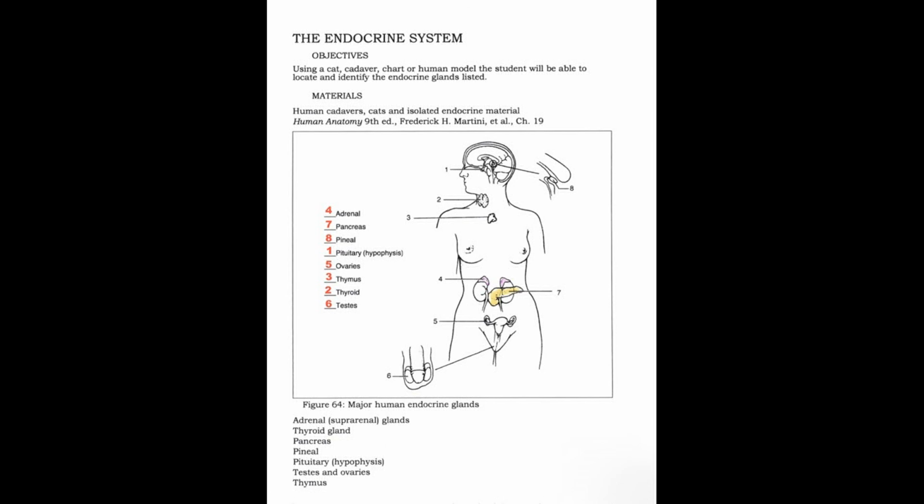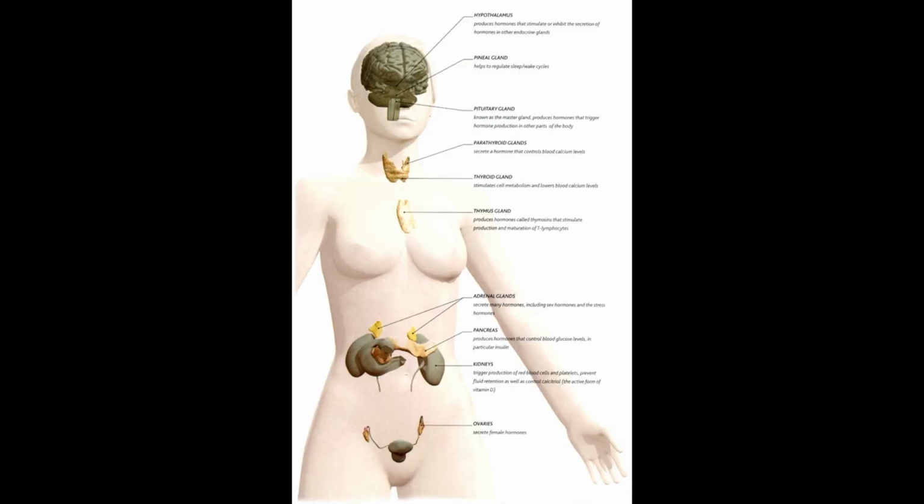Although the endocrine system is studied separately in lecture, you've no doubt encountered many of these organs along the way. And so here's just an overview of the endocrine organs, and we'll give you sort of snapshots of some of these endocrine glands before we conclude.